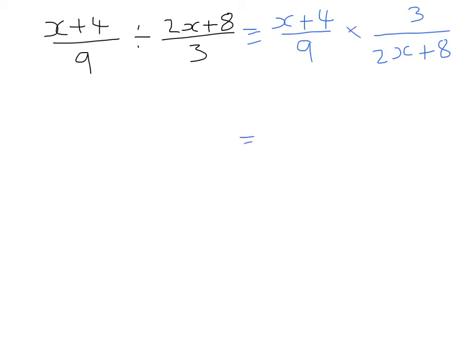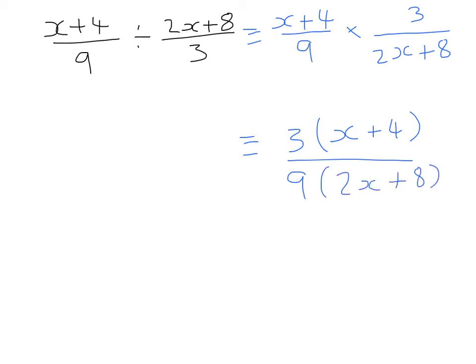Now if we multiply the numerators together, we have 3 multiplied by x plus 4, and again we need to use the brackets to show that we're multiplying 3 by all of x plus 4. And same again for the denominator, 9 multiplied by 2x plus 8.